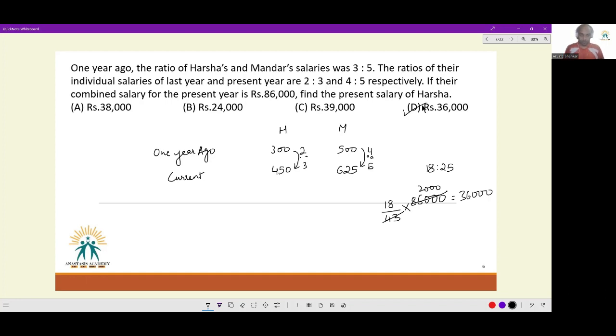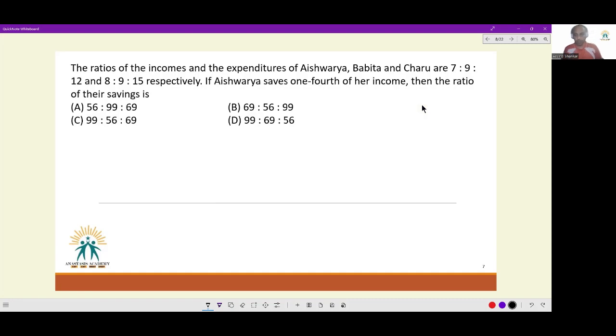Fairly straightforward. Next, the ratios of incomes and expenditures of Aishwarya, Babita, and Charu are 7:9:12 and 8:9:15, respectively. If Aishwarya saves 1/4 of her income, find the ratio of their savings.